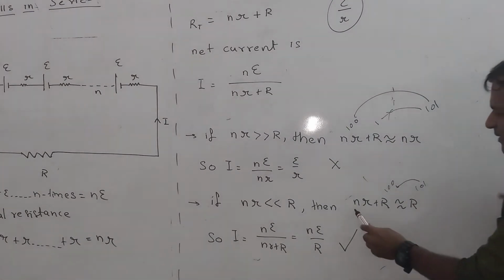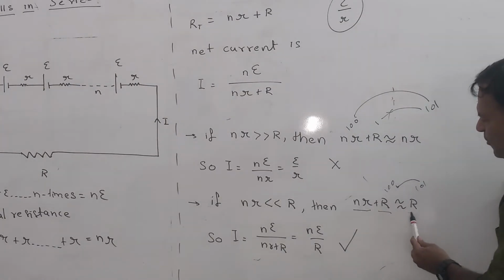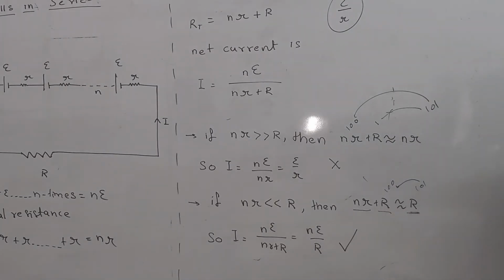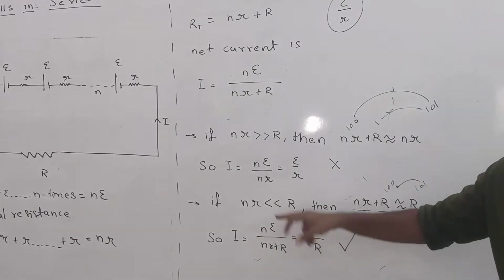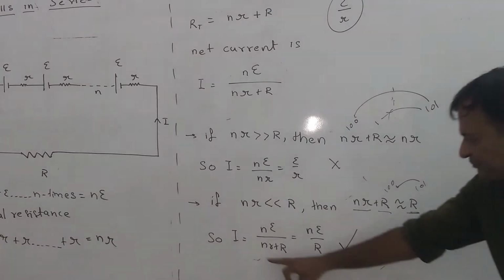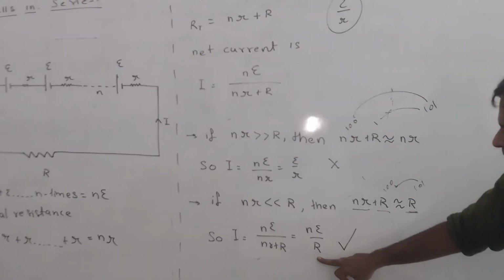So a smaller number plus a very big number is approximately equal to the very big number. That means the current will be N into epsilon, the total voltage, divided by nr plus R, which is nearly equal to R.